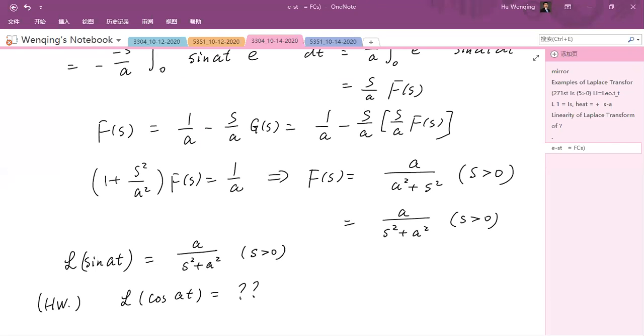Remember, it is always the integral of e to the power minus st multiplied by f of t, the function that you want to transform. In particular, you have to specify the domain of definition for this s. Usually s is positive, but it might be even more restrictive, such as s larger than a.